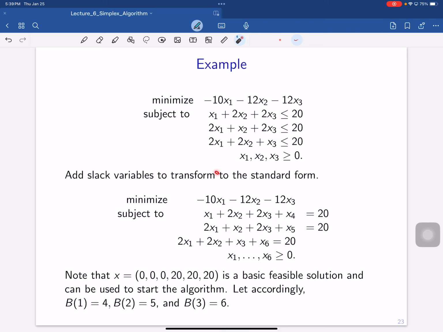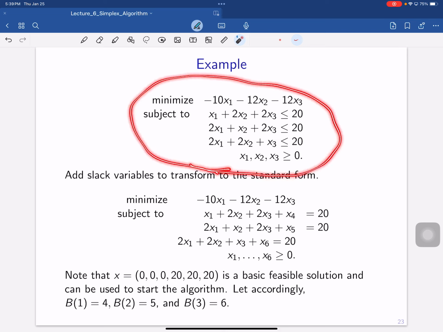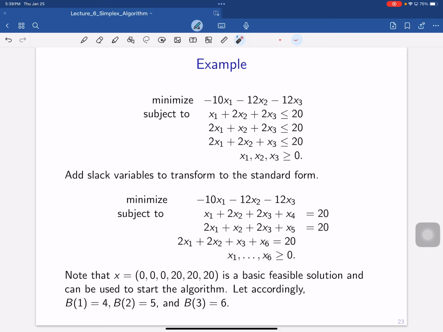So let's say you have a very trivial example here with some variables. Then in order to apply simplex methods, you should add slack variables, right? Let's say there are some inequality constraints. We add some slack variables. And then after adding the slack variables, we can observe that there is a very trivial solution we can start with, right?